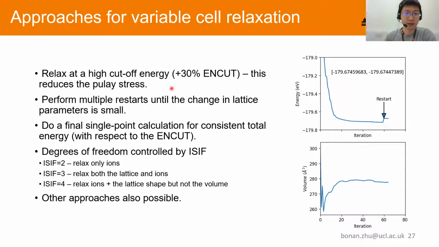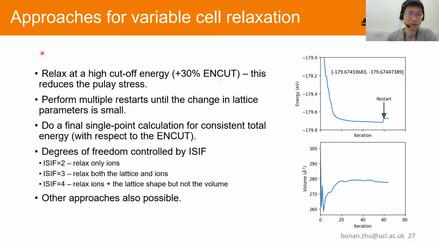So here is an example and some approaches to alleviate this problem. One approach is to relax at a high cutoff energy. This reduces the Pauli stress, and also because the cutoff energy is high, you are in the very flat part of the convergence graph, so if you change to a different cutoff energy, the energy change of the whole system would be relatively small.